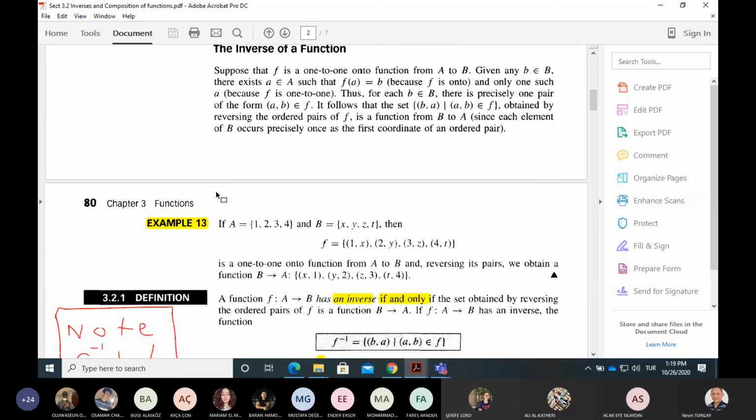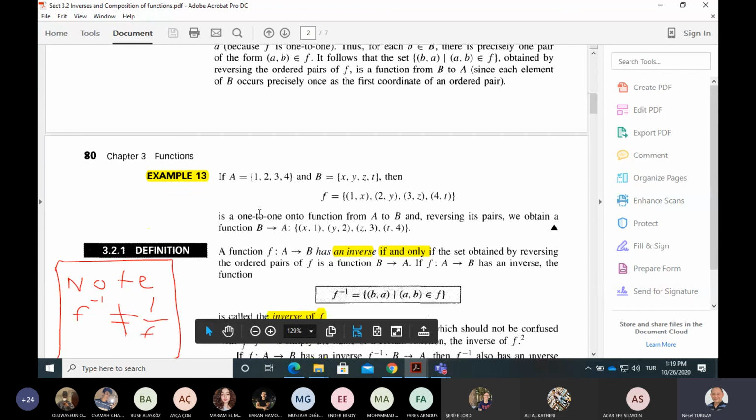What is taught here can be explained very clearly in this example. Now, can you look at this and then let's take a break. Example 13. A and B are given. Your function is this. This is 1-to-1. Am I right? 1 goes to x, 2 goes to y, 3 goes to z, 4 goes to t. So all of them go to different things. This is also onto because the range is x, y, z, t.